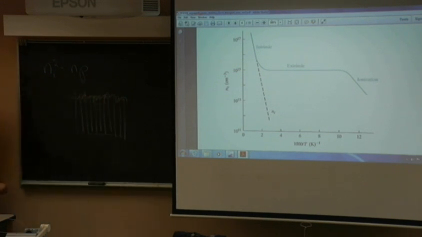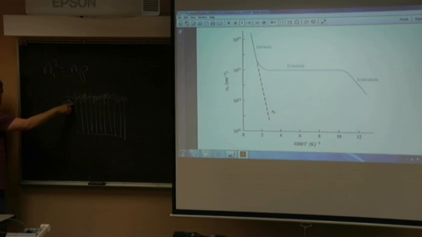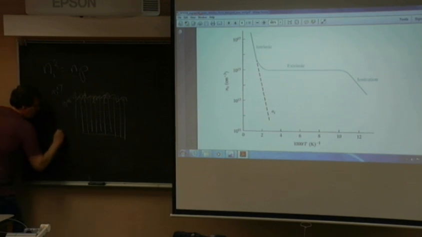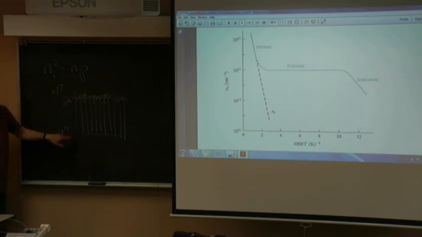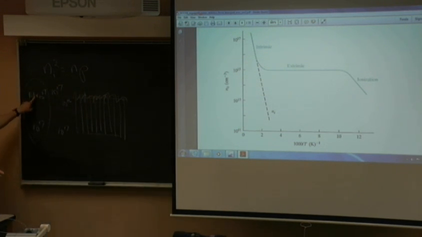And so maybe I've got 10 to the 16 of the donors, but by then, maybe I've got 10 to the 17 of each of these holes and electrons. So now I've got 1.1 times 10 to the 17, and I've got 10 to the 17 here. And that's where I argue I'm merging towards a 1-to-1 ratio of electrons and holes.